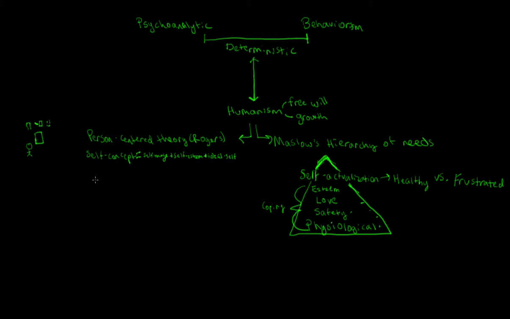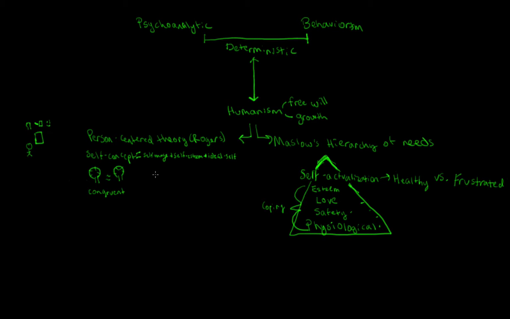So, for example, let's say that you think you are a very bright person, and reality says that you actually are a very bright person. Carl Rogers said that this person had a congruent personality.